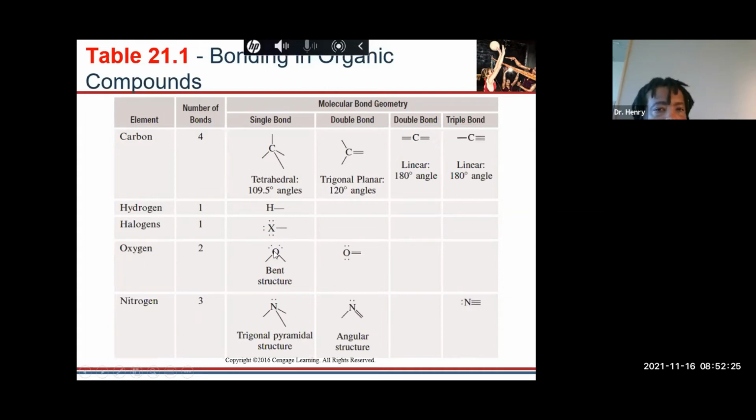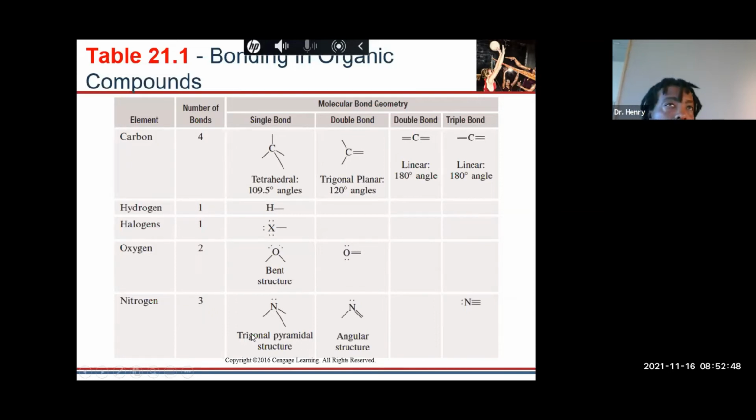Oxygen, well, oxygen could have single bonds on both sides, so then that structure is going to be bent, or it could be a double bond, right? So in that case, depending on who it's with, it could end up being trigonal planar, or it could be some other form. Okay, so nitrogen is able to attach to 3 other things, and it's going to have a lone pair on top.